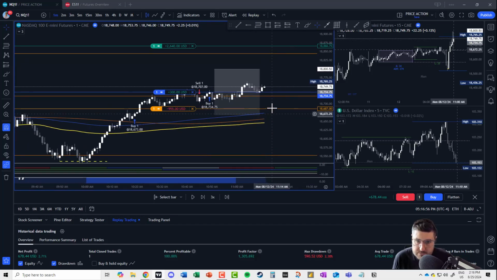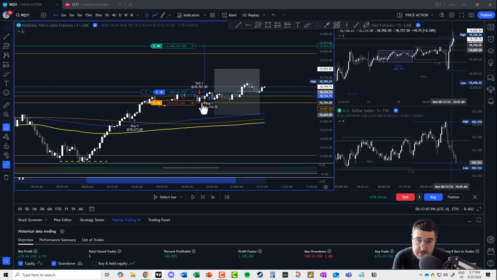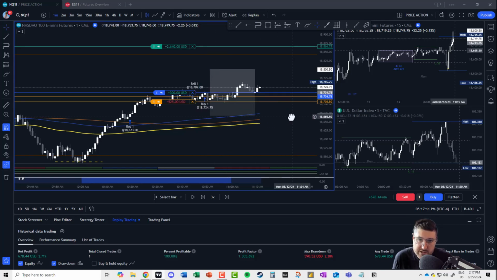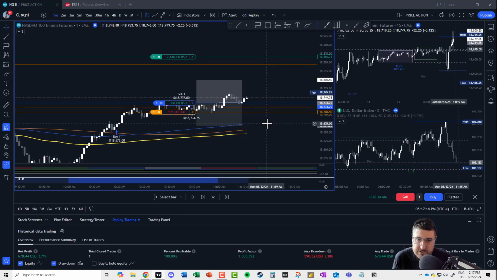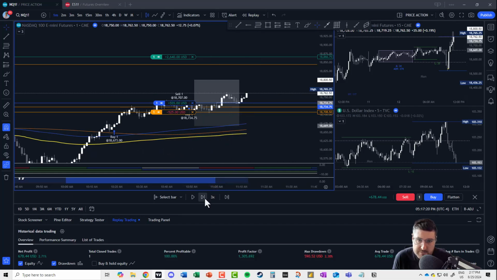So an opportunity to move my stop loss. We broke structure, had a fair value gap. We have this low. We also have this low. So I am going to pull it in to just below 50% of this wick. And once this breaks, we're going to go up here to break even and cover some commission cost.